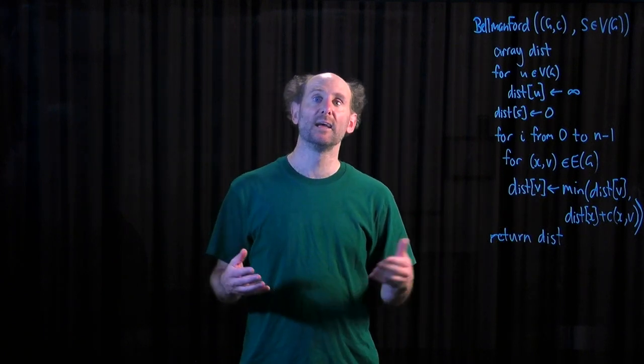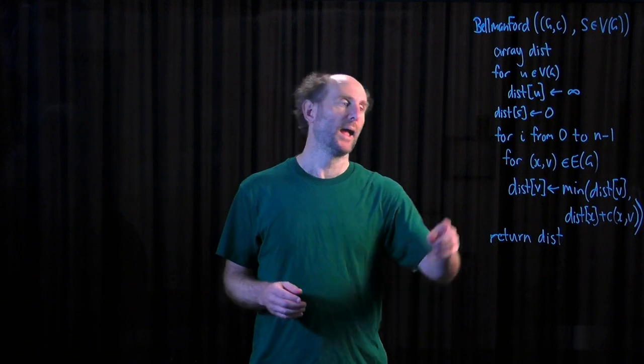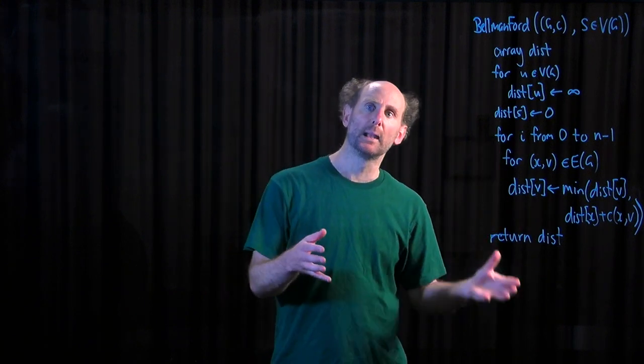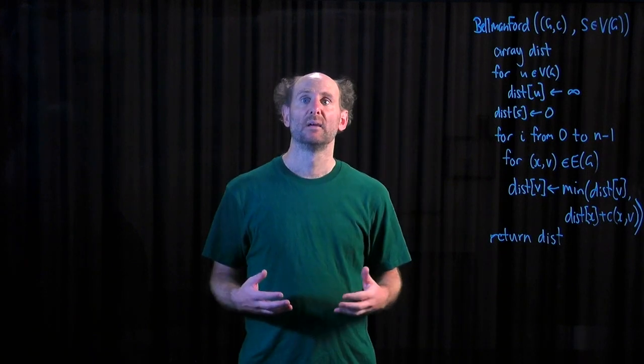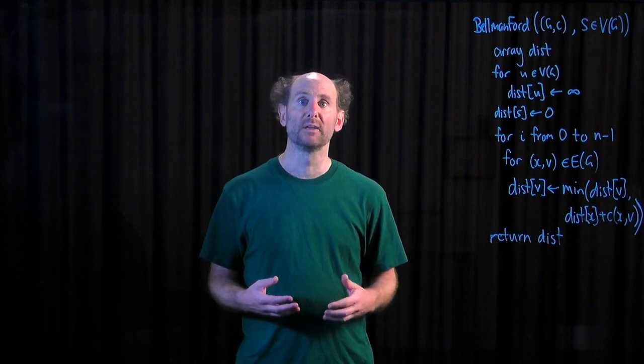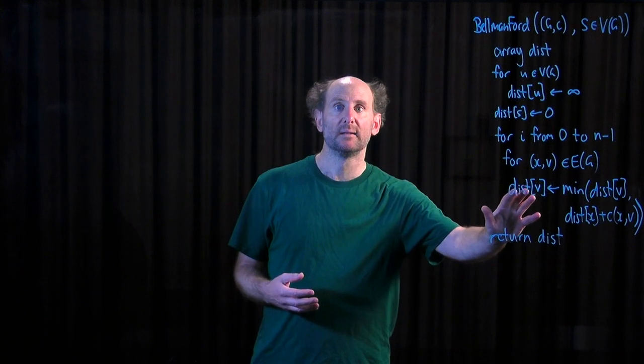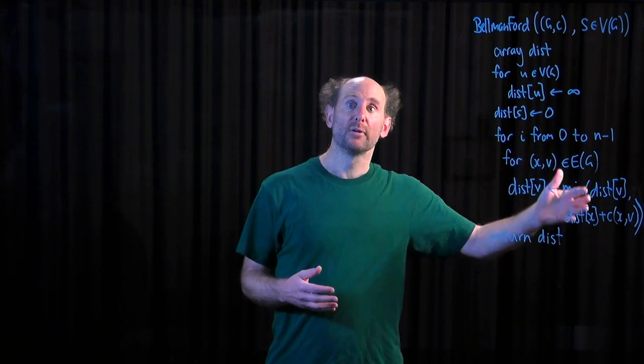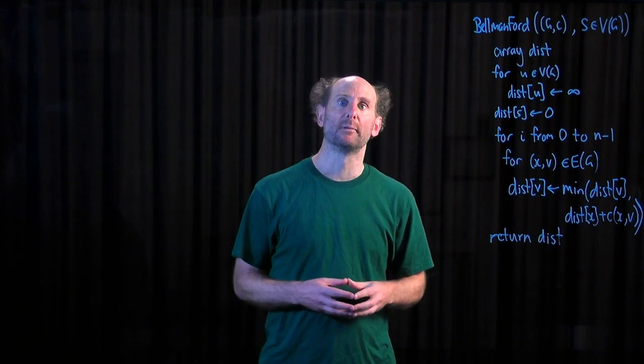But if there is a negative weight cycle, as we continue to run it, we'll find walks of lower and lower weight. That is, if there is a negative weight cycle present, our array dist is guaranteed to change after one further iteration of the main loop in the algorithm.